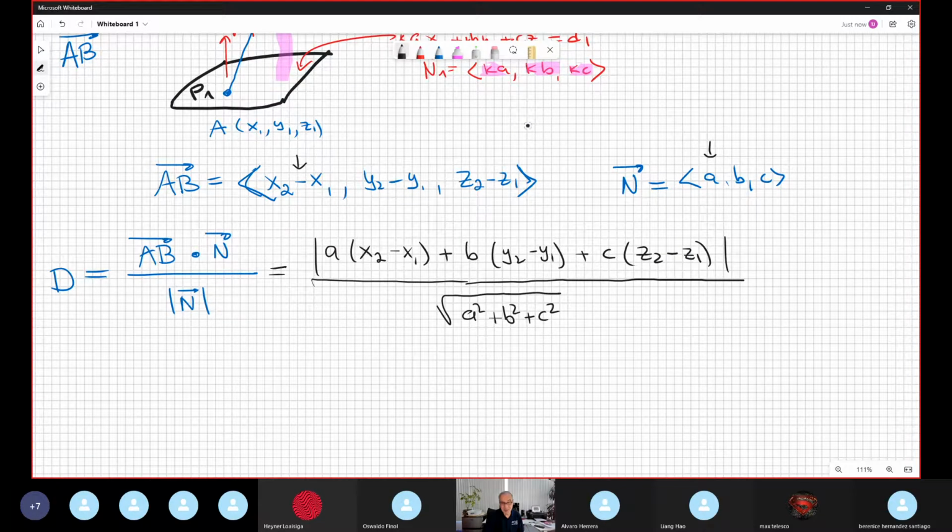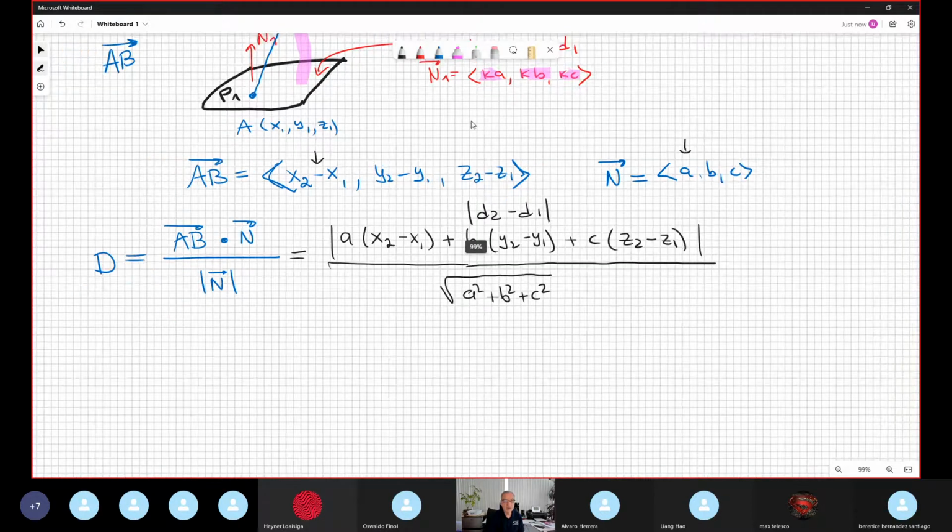It's a similar analysis to the point and plane, but in this case it's two planes. When you are doing this operation, you apply the distributive property and you separate, and you understand very well that the top part is equal to d2 minus d1, because A and B are the points on the plane, no?